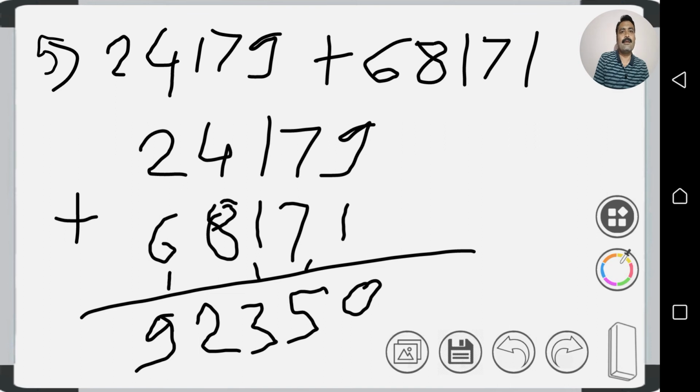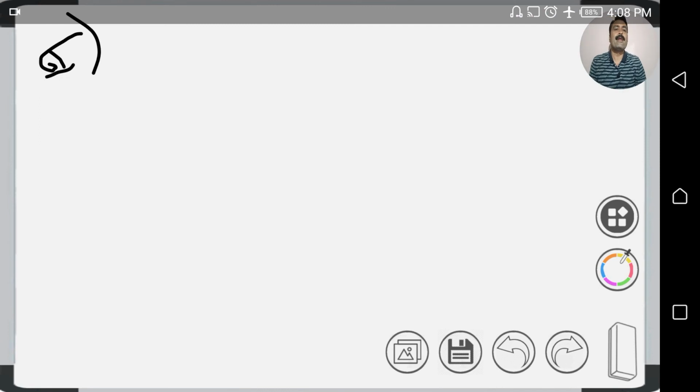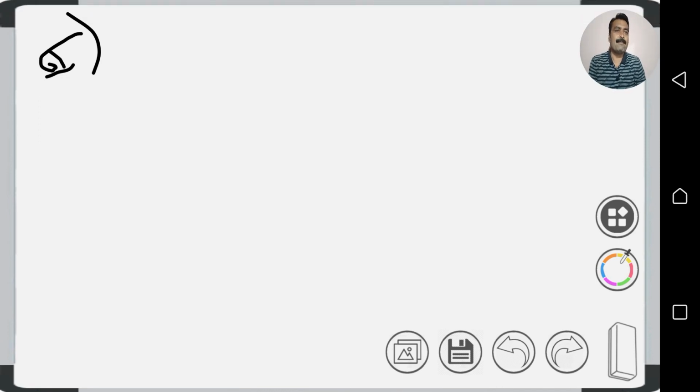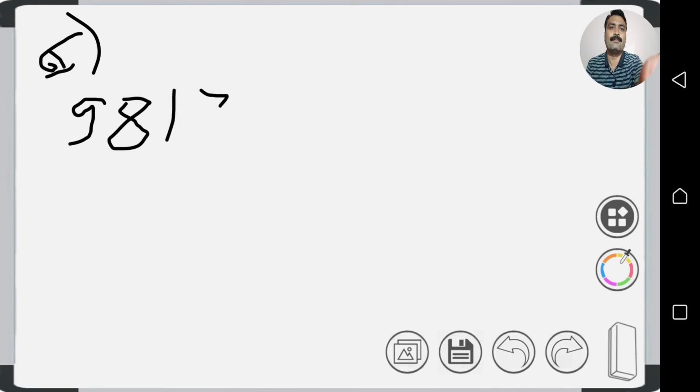So this is the fifth example that we continued without column here. Let's try to continue another example in front of you. Now this is serial number 6. In this sixth example, we want to take two numbers again. The first number that I am taking is 98,174.